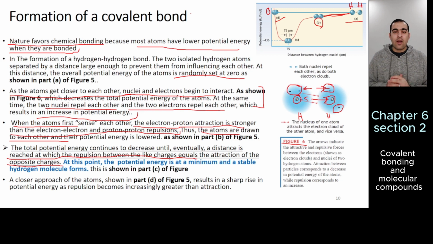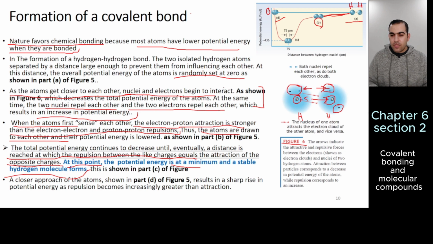When attraction and repulsion are balanced, what happens? At this point, the potential energy is at a minimum and a stable hydrogen molecule forms. Okay? So when attraction and repulsion are balanced, the potential energy is at a minimum and a stable hydrogen molecule forms, which means H2.